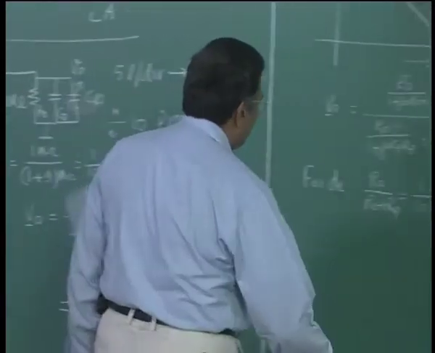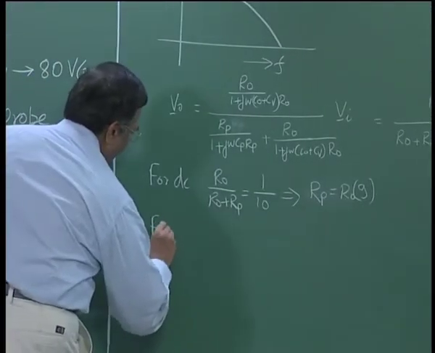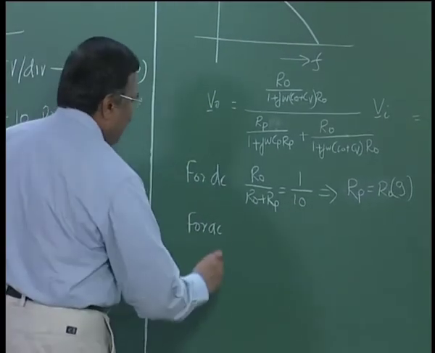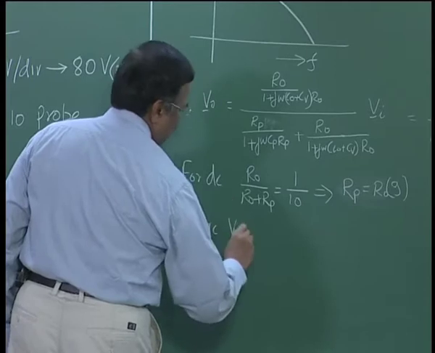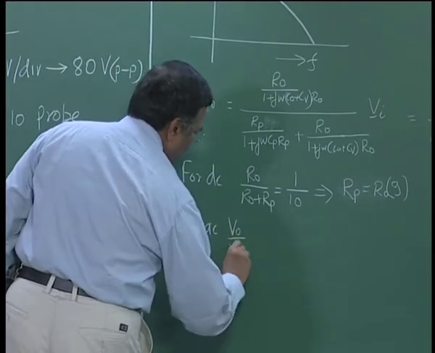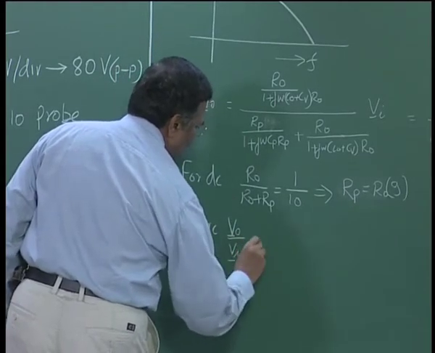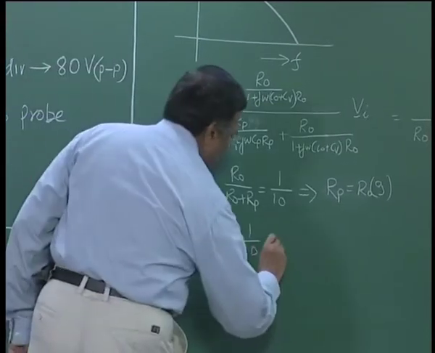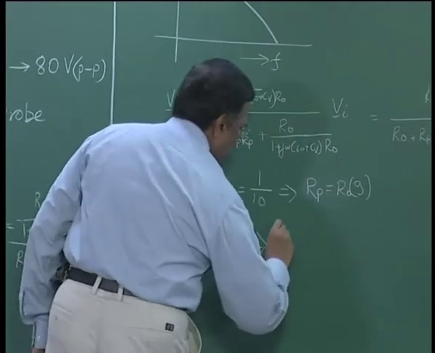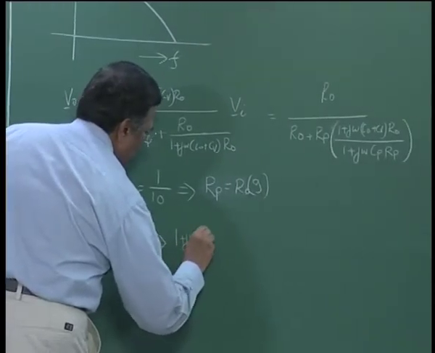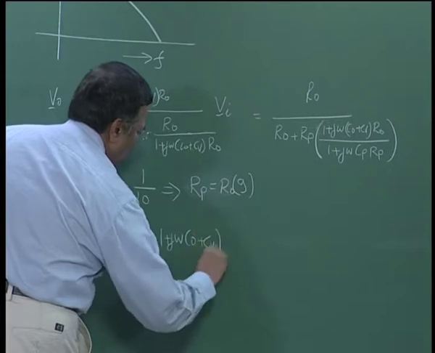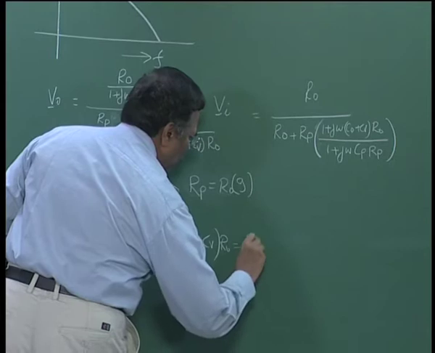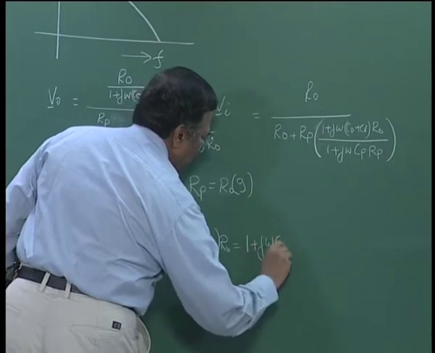So, that leads to, for AC, if I want V naught by Vi at any frequency to be 1/10, that 1 plus j omega C naught plus Cv into R naught must be equal to 1 plus j omega Cp Rp.